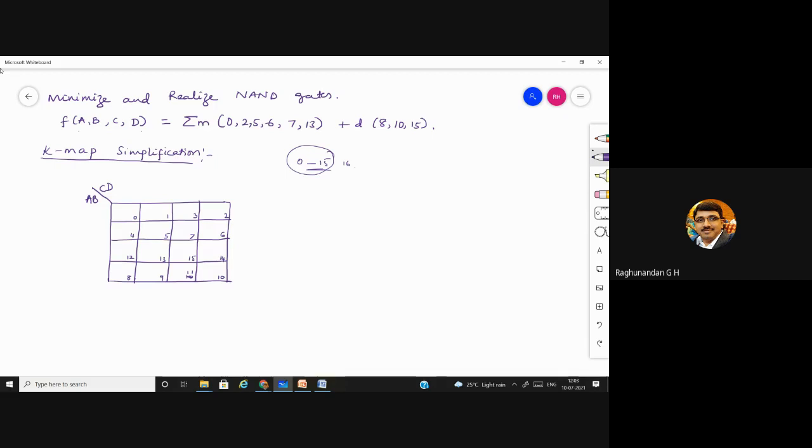You should start with 0, 1, jump this, go to this block 2, come back again 3, 4, 5, 6, 7. Again, you should jump this row, then 8, 9, 10, 11.